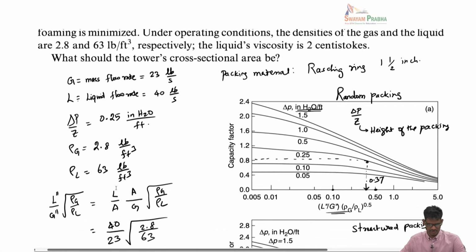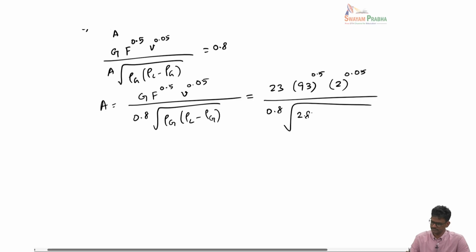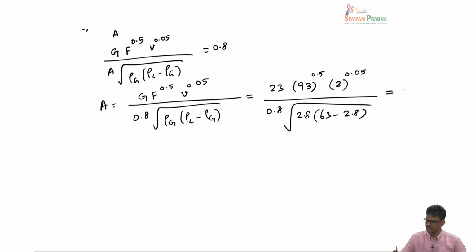Densities are 2.8 and 63. And if you solve this, you will get an area of 22.1 feet squared.